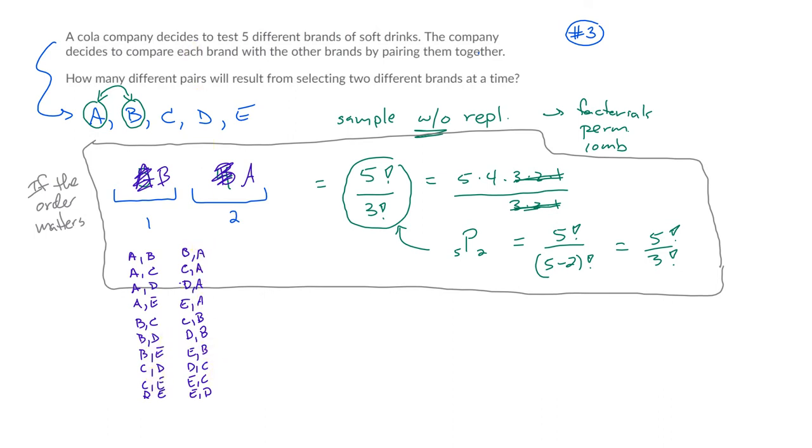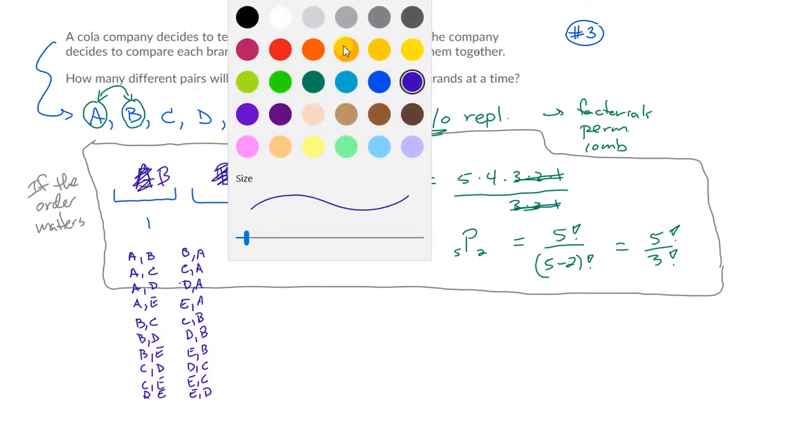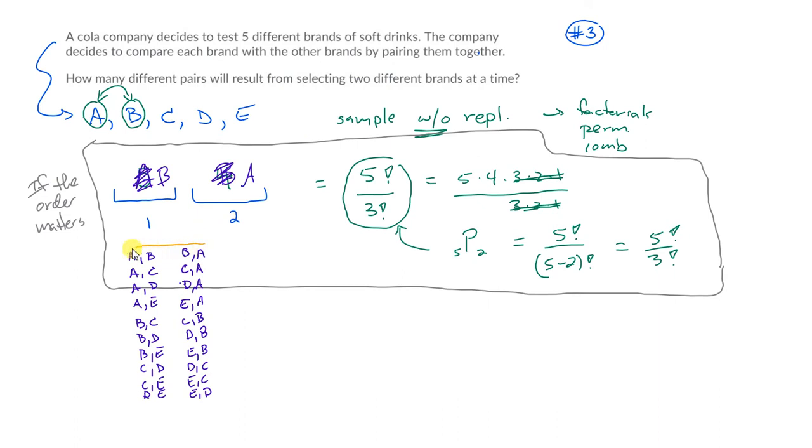Now in reality, these guys are the same in terms of pairing soft drinks. These guys are the same, these guys are the same as each other, etc. We can go all the way down the list. Each of these possible permutations is the same as the other one across from it, right? These are all the same combination of soft drinks.